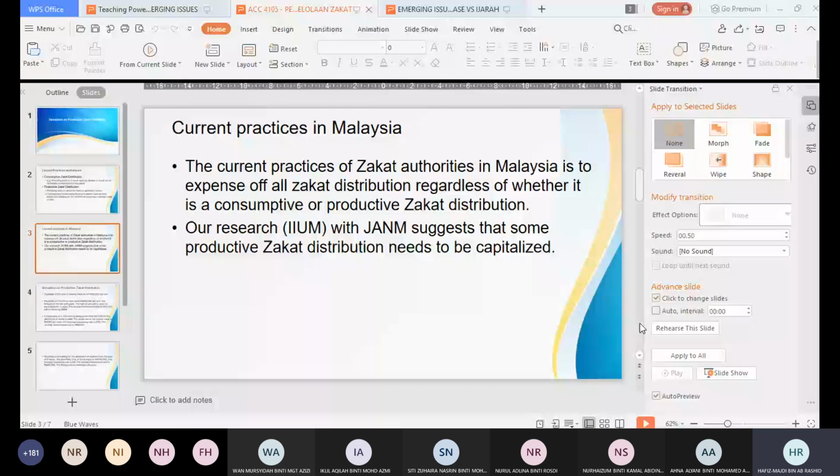Debit asset, sir. Debit asset, credit equity. Almost close. But I think our research team says that we should credit what we call dana, or fund.